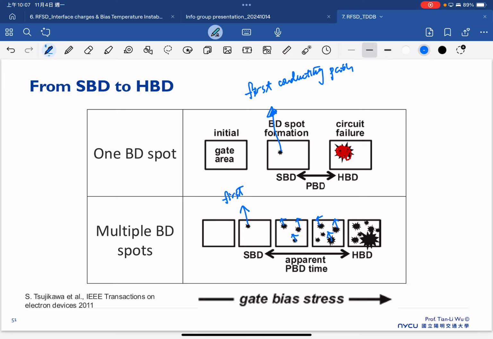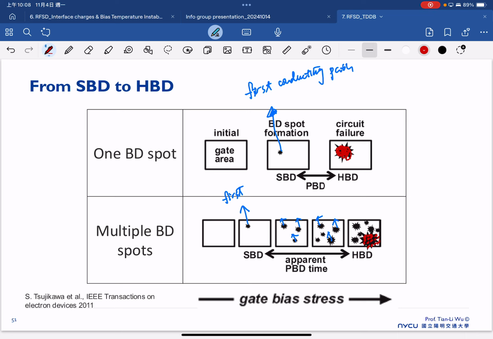In the end, there's one that first shows the breakdown, the huge breakdown path here. Because so many small breakdown paths form, that will lead to, in the end, the hard breakdown.